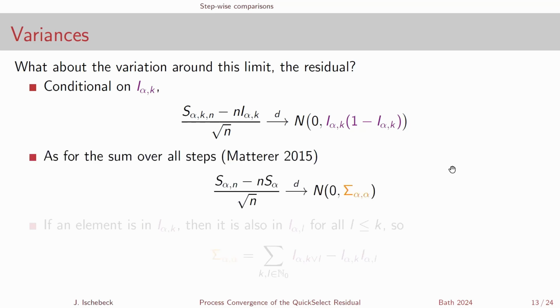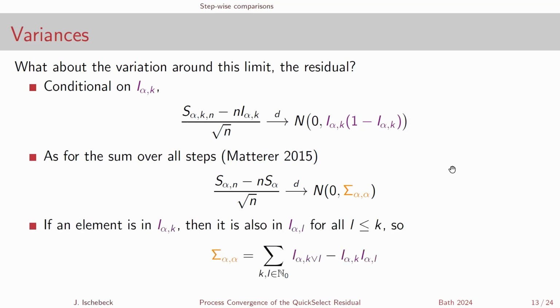Again, if we sum up over all steps, we should also get a normal if it converges. And if we want to look at how this variance looks like, we have to also consider the covariances between two different steps.